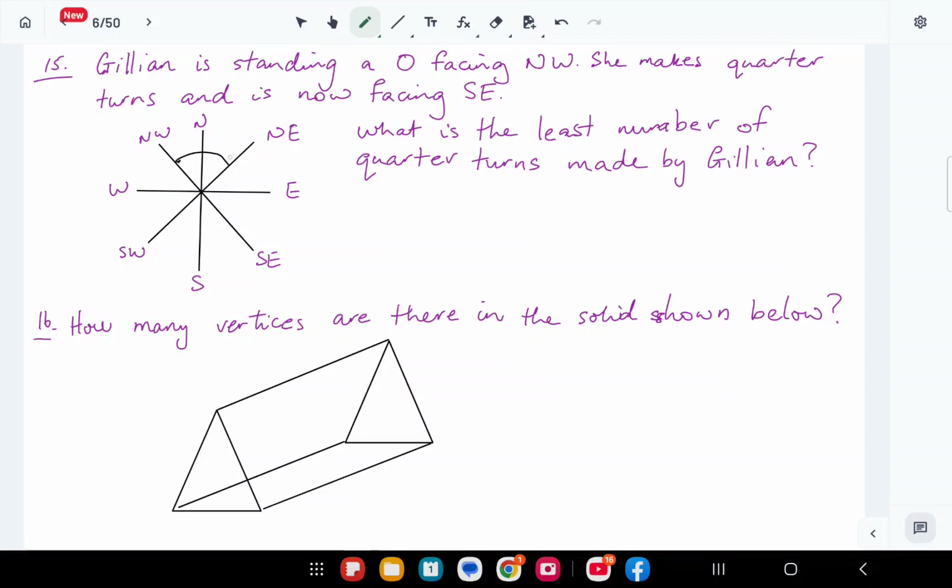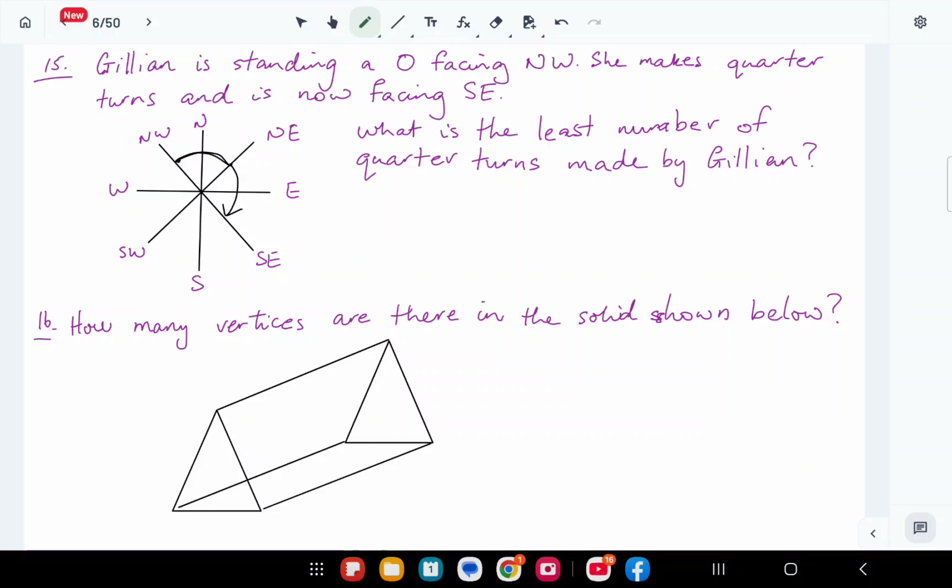So this is 1. And from here now, she's facing northwest. She makes 1 quarter turn here. Now is facing northeast, and then makes the next quarter turn here to face now southeast.